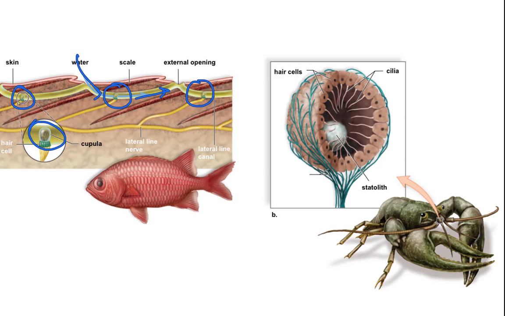There was an experiment where they used a metallic statolith inside of one of these statocysts, and by using a magnet on top of it, they were able to get the animal to swim upside down because it thought it was upright because of the position of the statolith. So this ball basically rolls around. It's a little stone ball, and it gives positional information, directional information to the animal that has this particular adaptation.